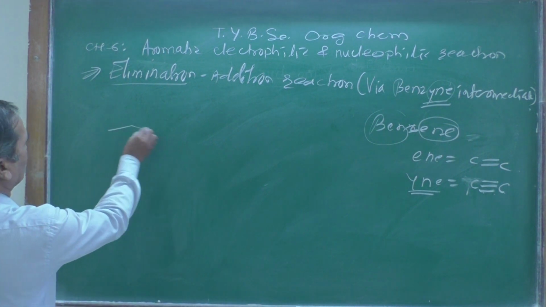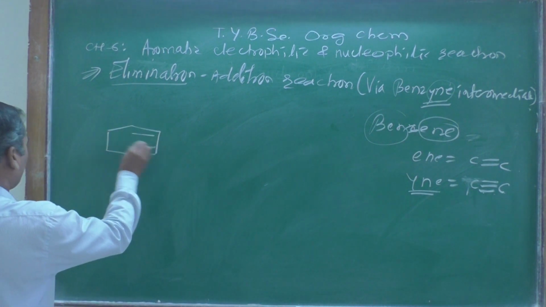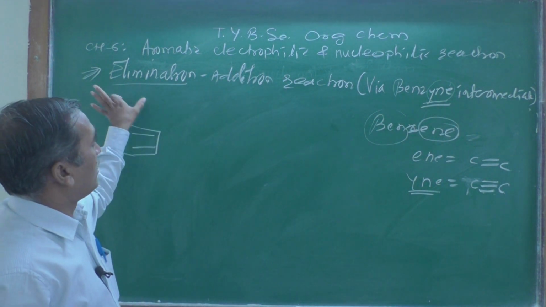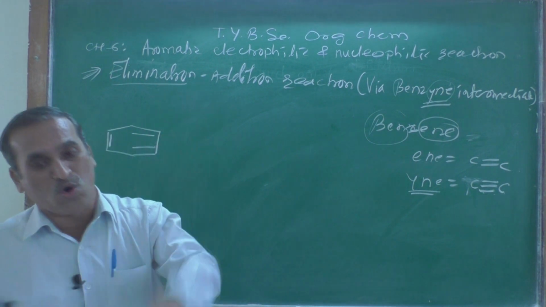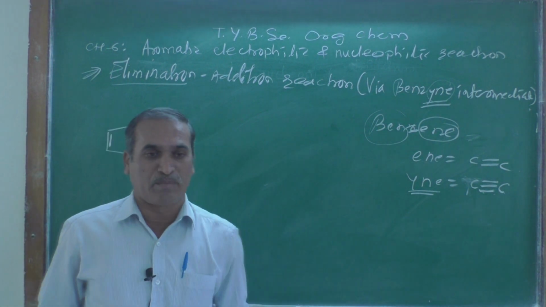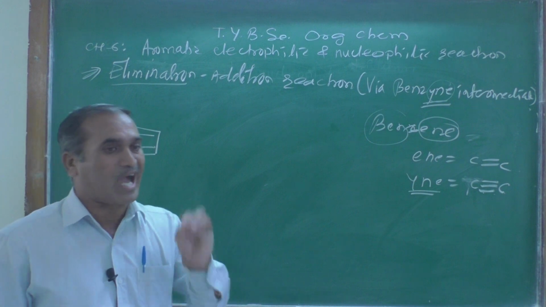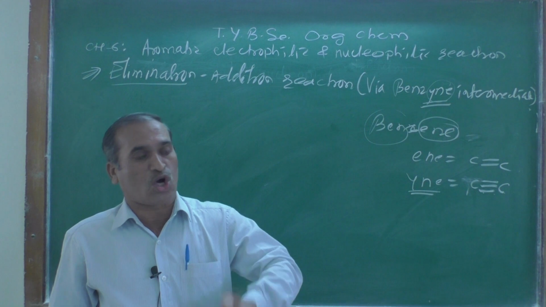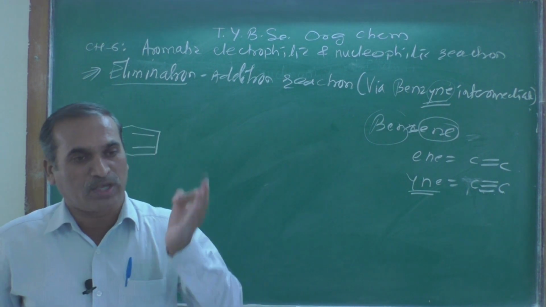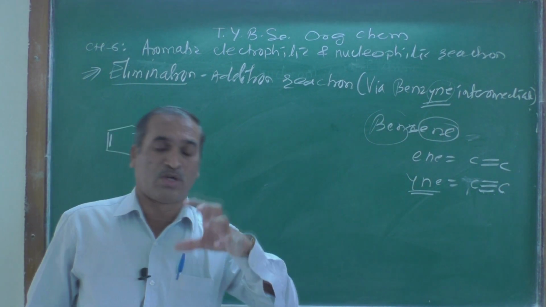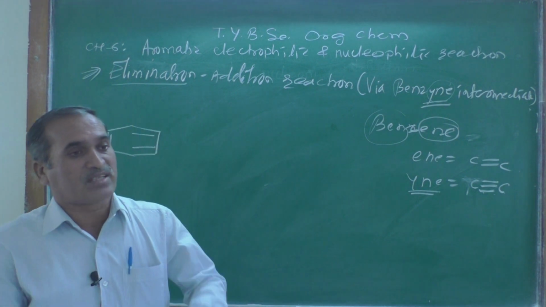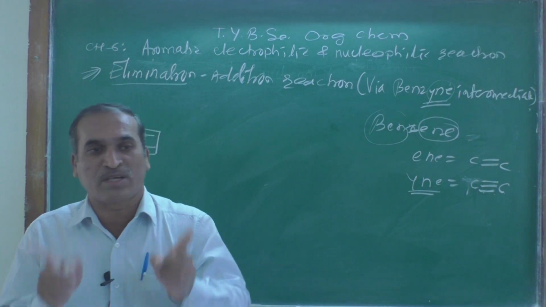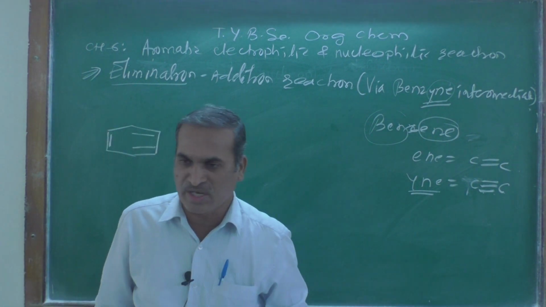Let us see the starting material. Simple benzene cannot show this kind of elimination-addition reaction. Only those organic compounds show this kind of reaction that contain a strong electron withdrawing group, generally remember as an aryl halide. Aryl halide means a benzene compound containing a halogen atom.